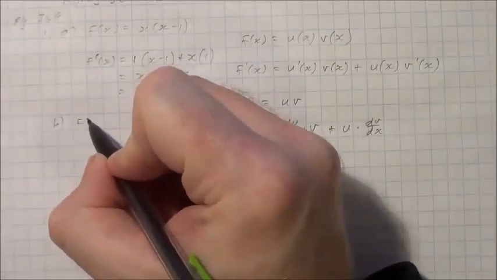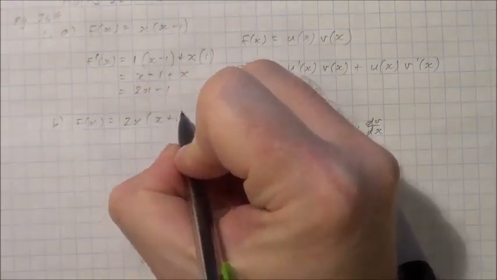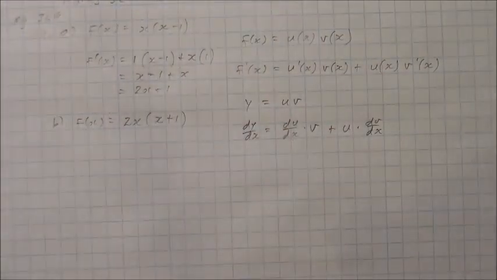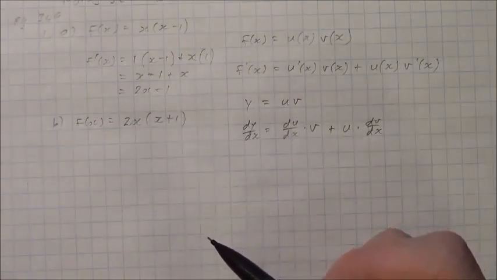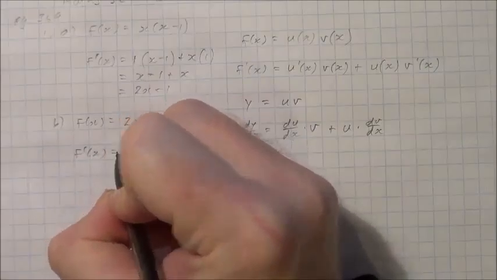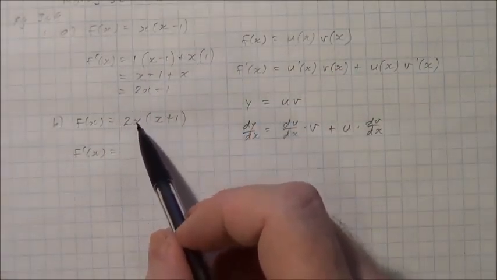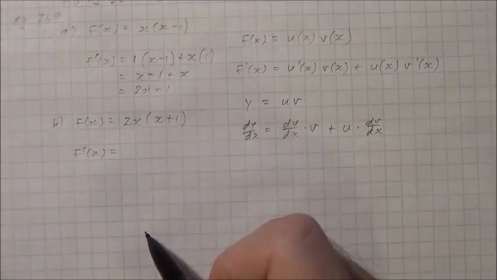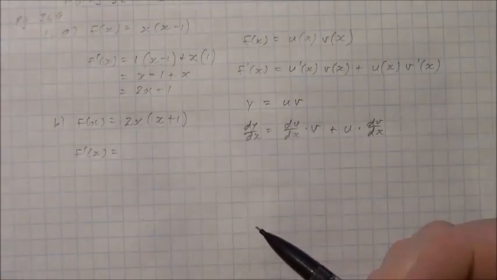Question B is f of x equals 2x, quantity x plus 1. Again, the important thing is to identify which are the two functions that are being multiplied together. And then when you take the derivative, remember we take the derivative of the first times the second, and then we add that to the first multiplied by the derivative of the second.